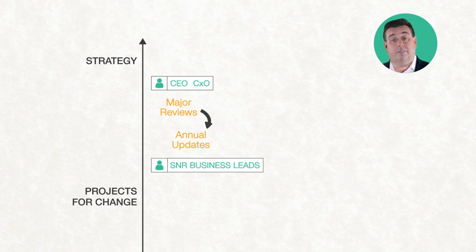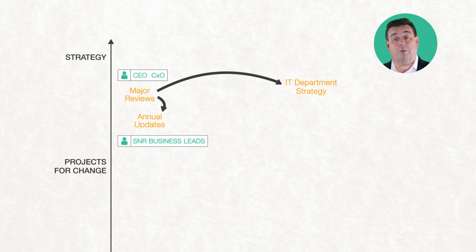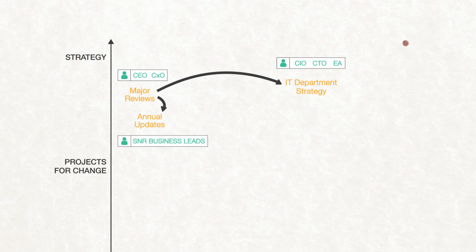On the upper right, we also have the IT strategy. In many cases written in response to the business strategy, but more and more today as organizations become digitally focused, they are done in collaboration as one core activity for the whole business. And here we may see the CIO, the CTO, or the enterprise architects being involved.